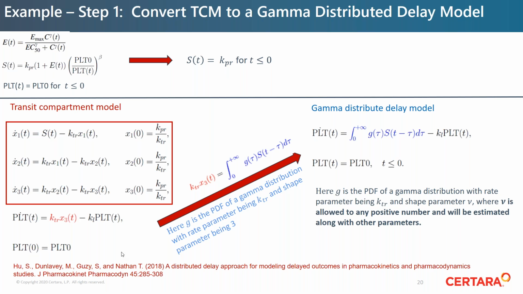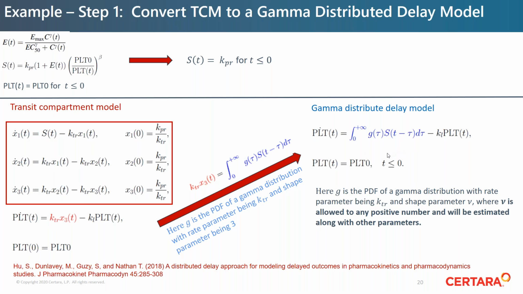Now, based on what we discussed before, if C is a gamma distribution with the rate parameter being KTR and the shape parameter being 3, then this term is just equal to this one. So in order to extend this transit compartment model to a gamma distributed delay model, I simply replace this one and all this stuff by using this one.